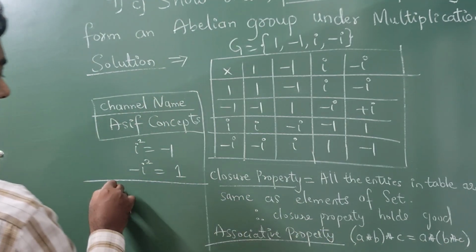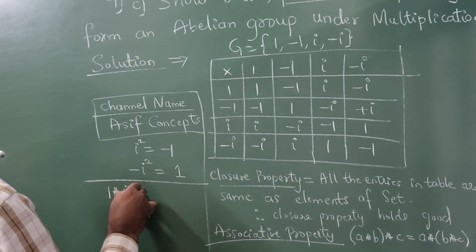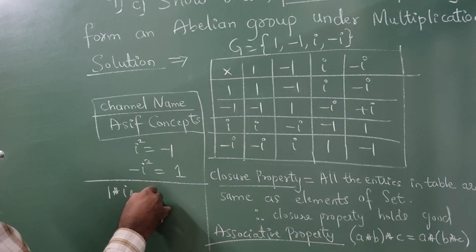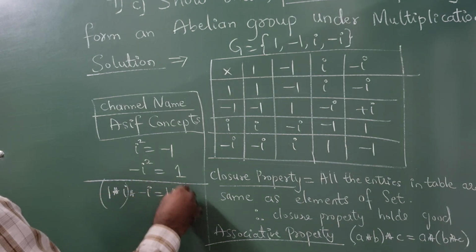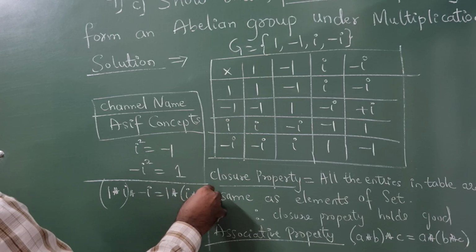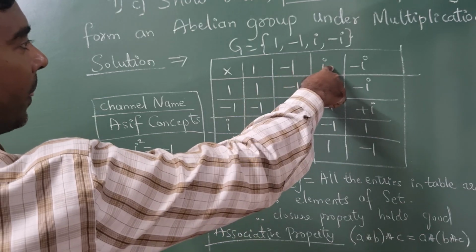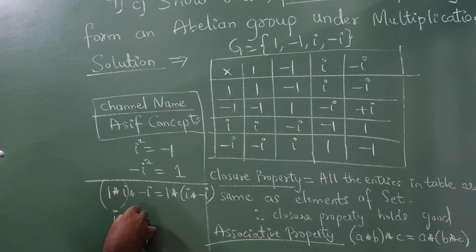Now let me consider A as 1, B as i, and C as minus i. Now this side also 1 star i star minus i. Now 1 star i means 1 into i is how much? i star minus i.